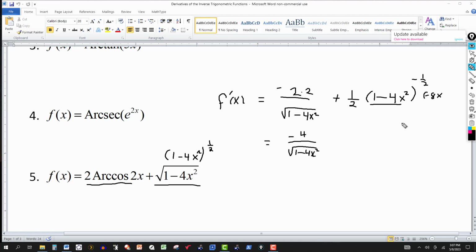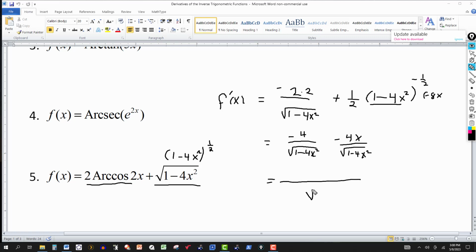Multiply here by the minus 8. This will be a minus 4x. And let's bring this to the minus 1/2. So let's bring it to the denominator and write it as the square root of 1 minus 4x squared. Then we can simplify. We have the same denominator here.